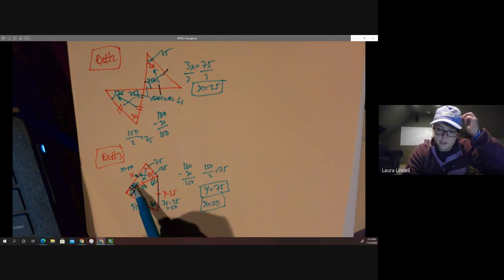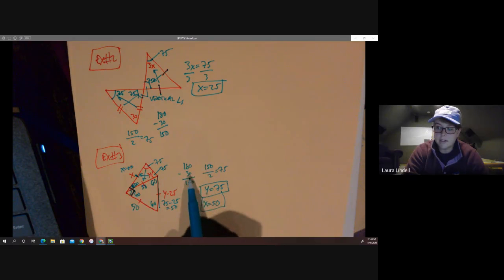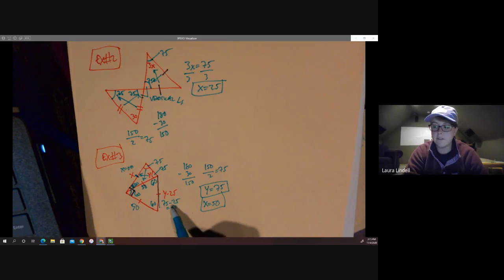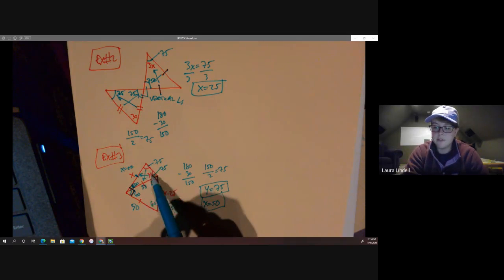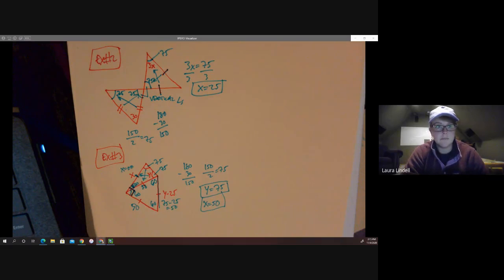And since this one is 30 and these two are equal, we could go 180 minus 30 and then divide that by 2 to get these two angles here. From there, we plug that in for y. Y is 75, so 75 minus 25 is 50. That's our side length for all three of these sides. Then, since these two angles are equal, these two sides are equal. So they're both 50, so x is 50.